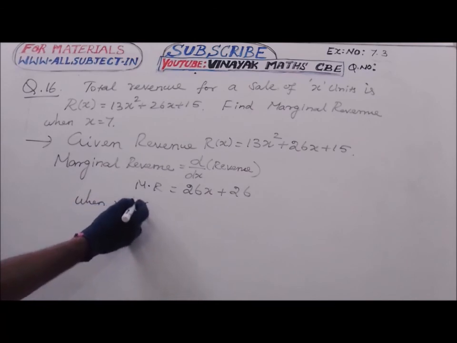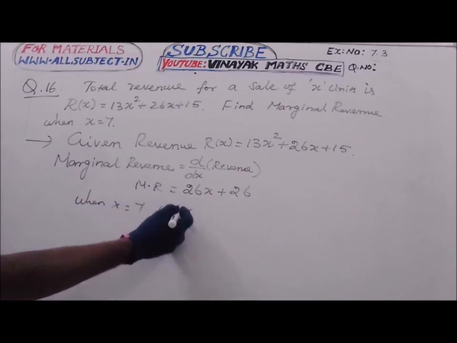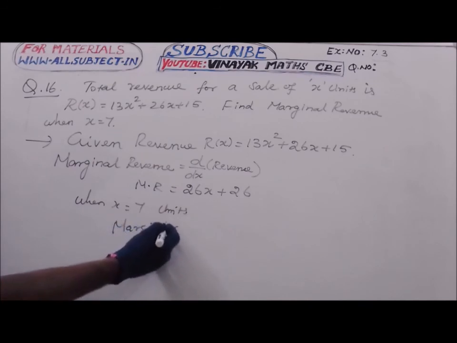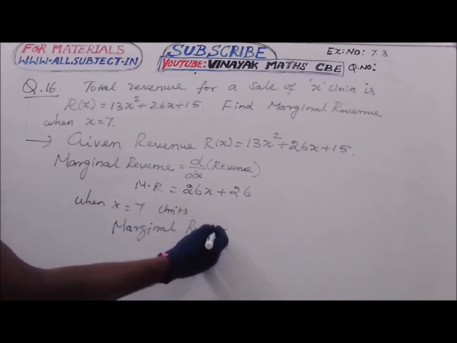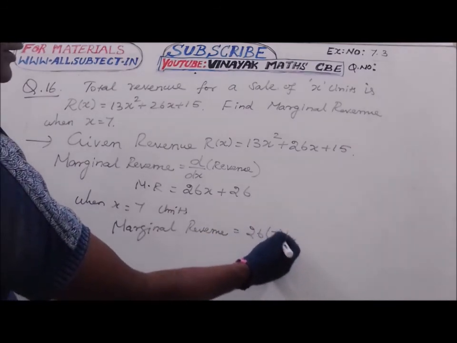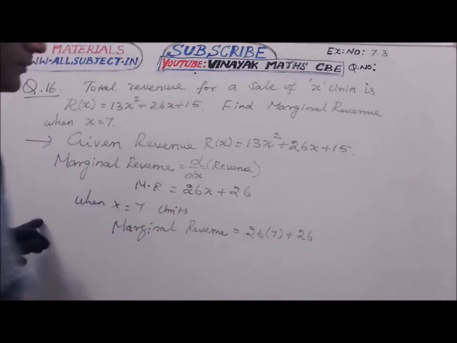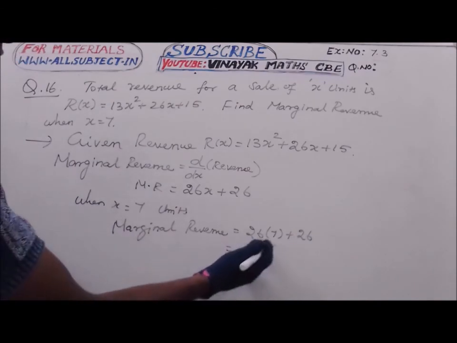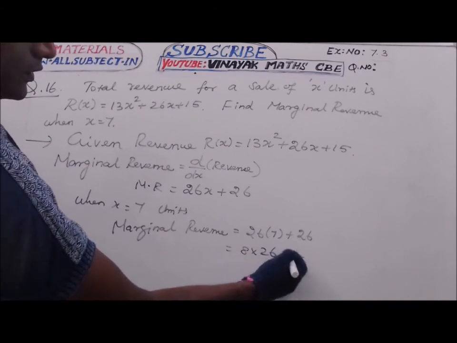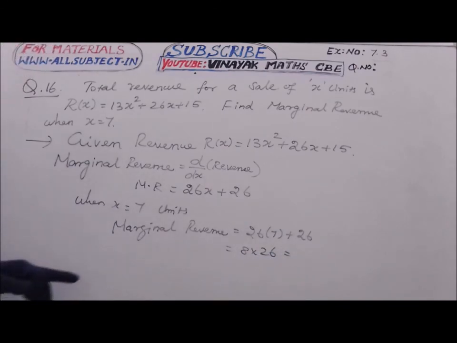When x is equal to 7 units, marginal revenue is equal to 26 into 7 plus 26, which is 7 times 26 plus 1 time 26, that is 8 into 26.